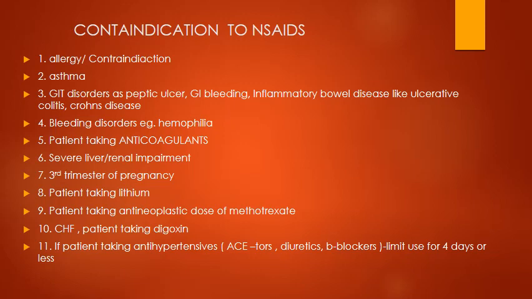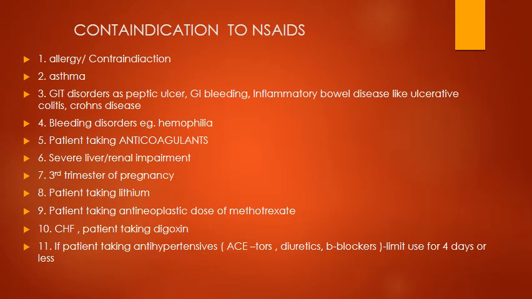Whenever it is specified in the history that the patient had some cancer and is taking methotrexate for that cancer, only then is NSAID contraindicated, because methotrexate in low dose can be used for arthritis as well. In those cases, NSAIDs are not a concern. So remember, a high dose or anti-neoplastic dose of methotrexate is a contraindication for NSAIDs. Low dose or dose for arthritis is not a contraindication.